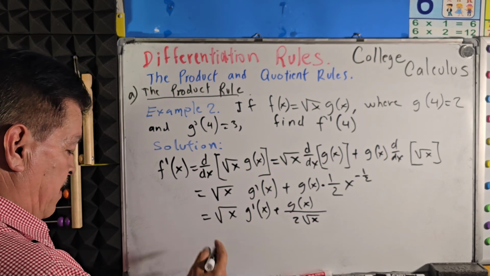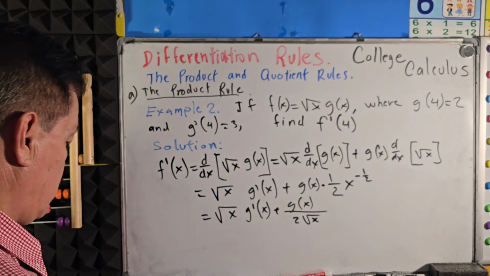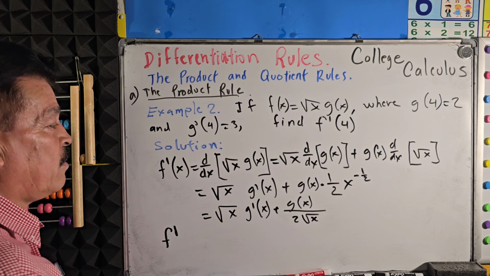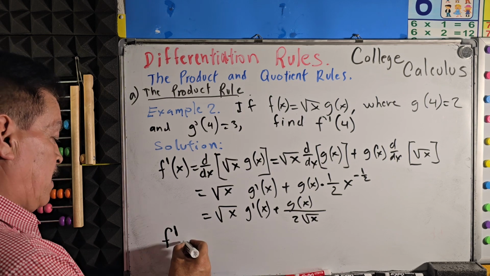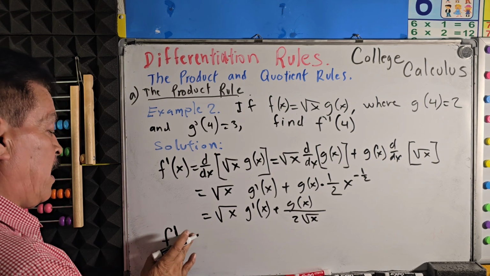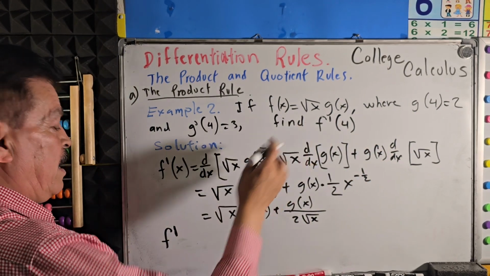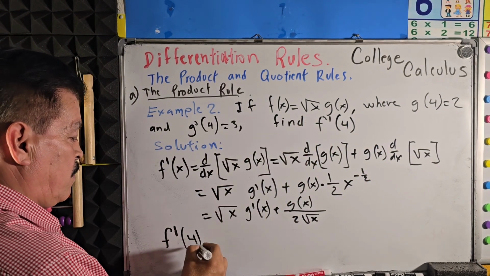So then our conclusion, our answer, look at this. This is very important. It is f prime, the derivative, of 4.